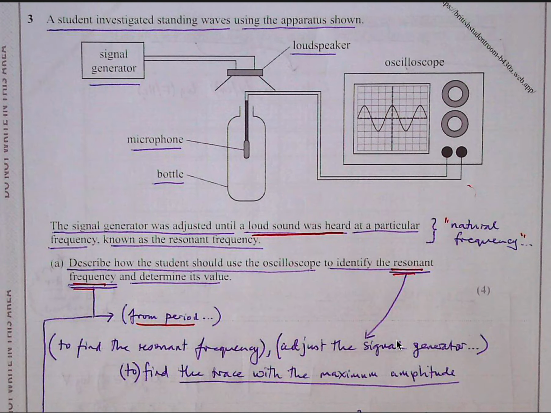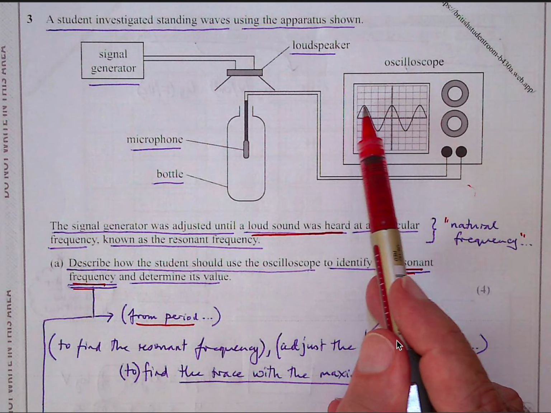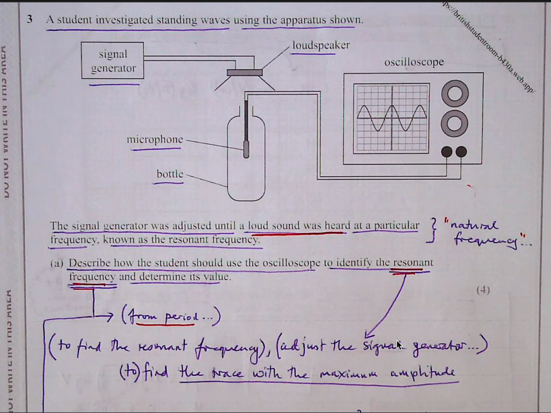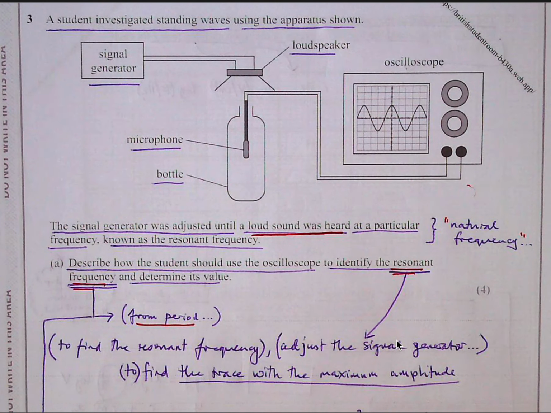Then, we're looking for the period. To get the frequency, once we've got the maximum amplitude, you measure the number of divisions between two adjacent peaks, for example there and there, or you could do 1, 2, 3, and then divide the number of divisions. As long as you work out how many divisions there are between two peaks, you can then multiply them by the time-base setting.